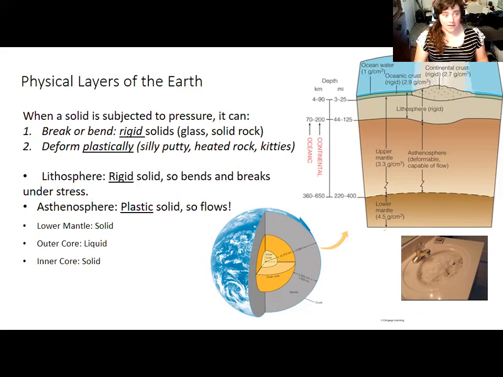So the uppermost layers in terms of physics of the Earth are the lithosphere, which is a solid that behaves rigidly like solid rock, and the asthenosphere, which is a solid that's kind of deformable and capable of flow. The lithosphere is the part of the Earth that the plates in plate tectonics are in. It's the crust as well as the very uppermost part of the mantle.